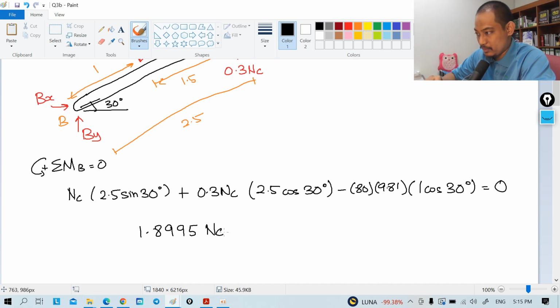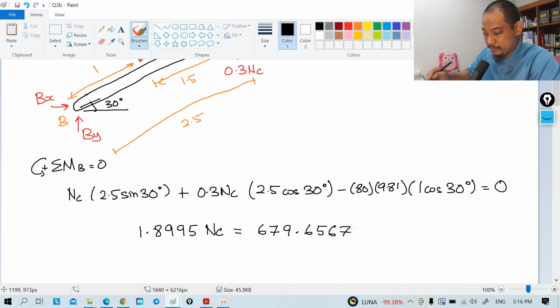Okay, so the value on the right here is 80 times 9.81 times cos 30, and bringing it to the other side, it becomes positive, so equal to 679.6567. So 679.6567 divided by 1.8995.